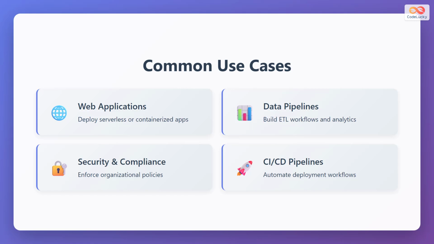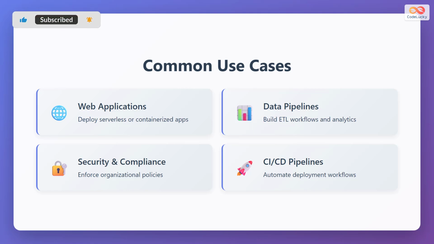CDK excels in several common scenarios. For web applications, you can deploy serverless architectures using Lambda functions or containerized applications using services like ECS or EKS. For data pipelines, CDK helps you build ETL workflows and analytics platforms with services like Glue, Kinesis, and Athena.